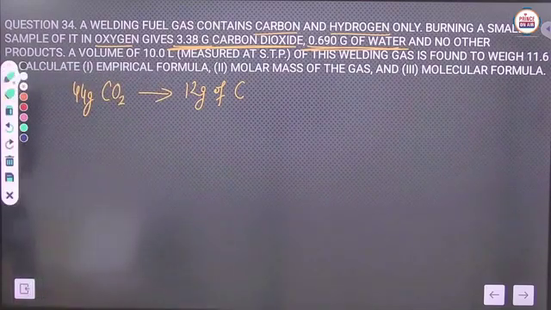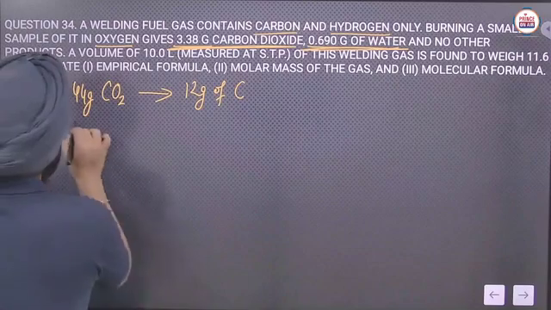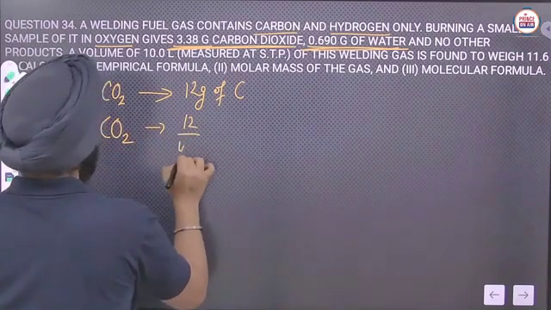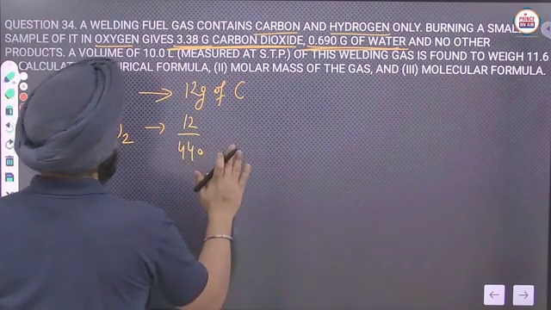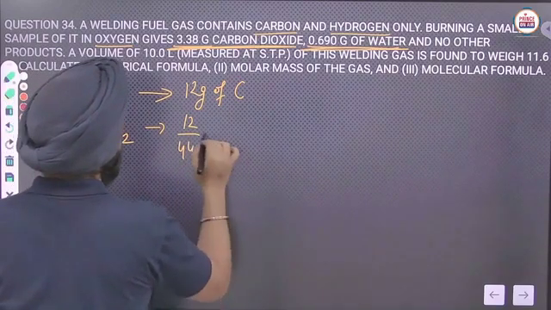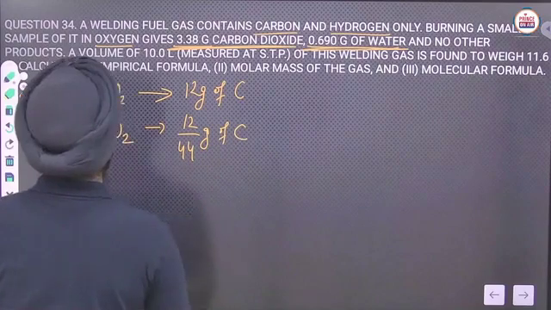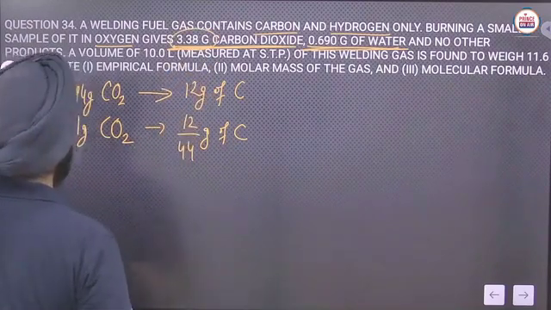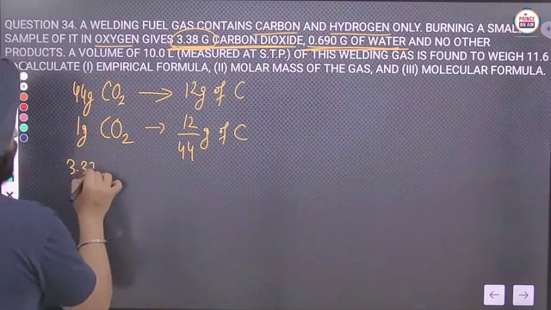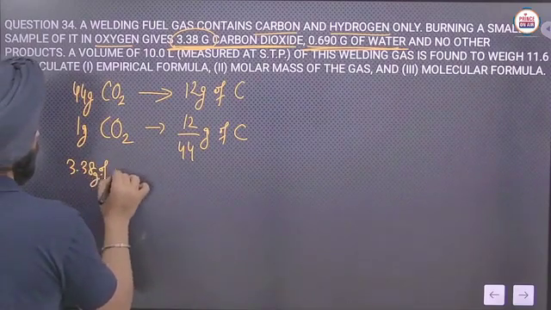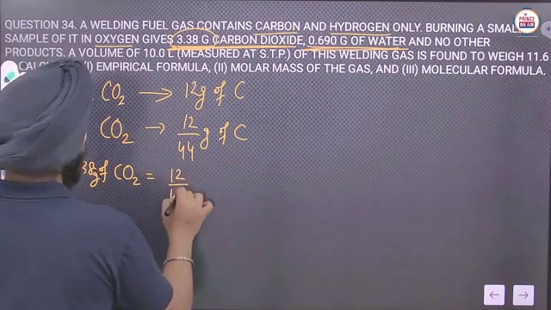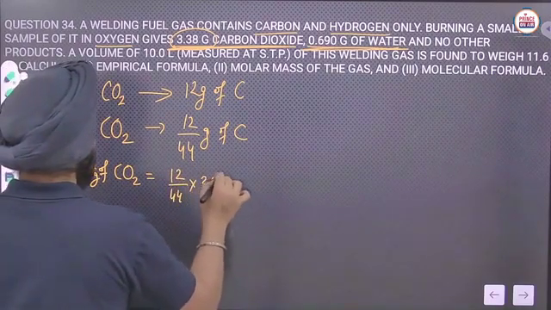Is it clear or not? So 1 gram of carbon dioxide will contain 12 upon 44 gram of carbon. We have 3.38 gram carbon dioxide. So 3.38 gram of carbon dioxide will contain 12 upon 44 into 3.38.